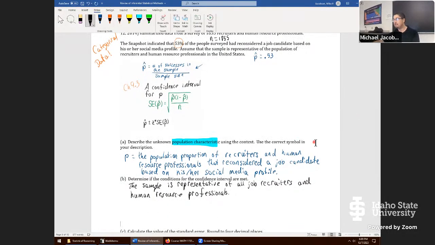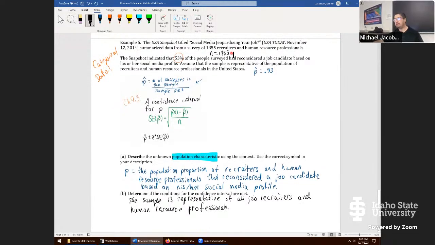Next thing we have to check is, is the sample size large enough? I mean, it definitely looks like it, right? We have 1,855, but to get full credit on this, we have to run through the motions. And that's one thing that didn't get copied down here. Let's make a mention. The conditions for sample size are, we need to show that the number of successes actually in the sample exceeds 10, but they never told us the exact sample proportion of successes.